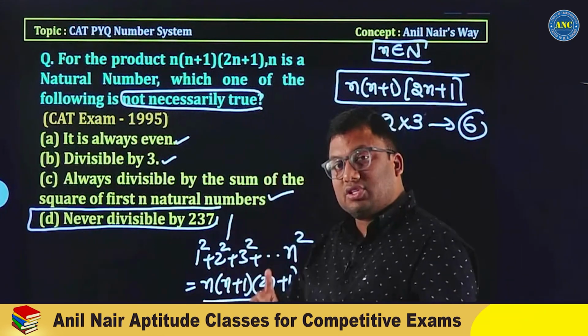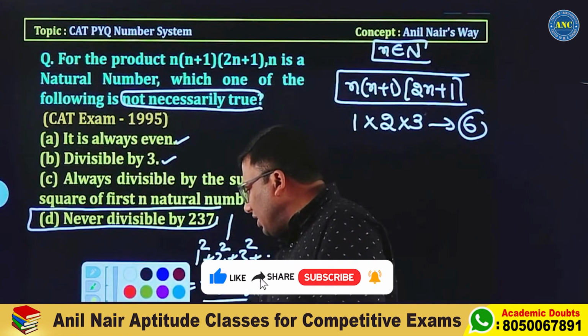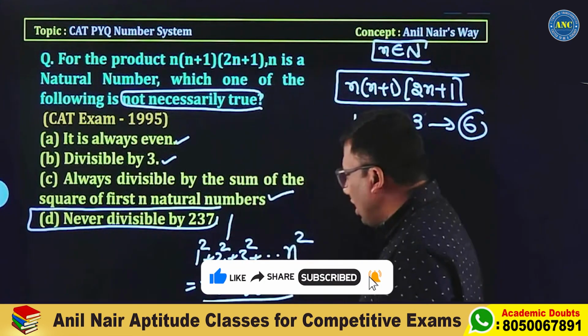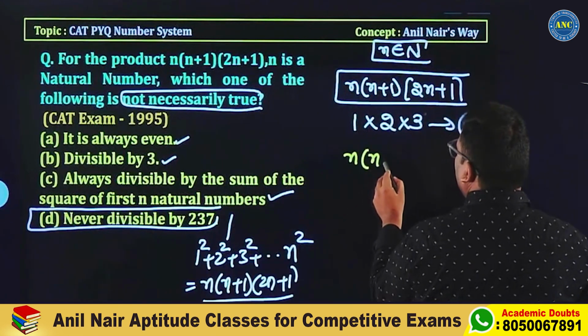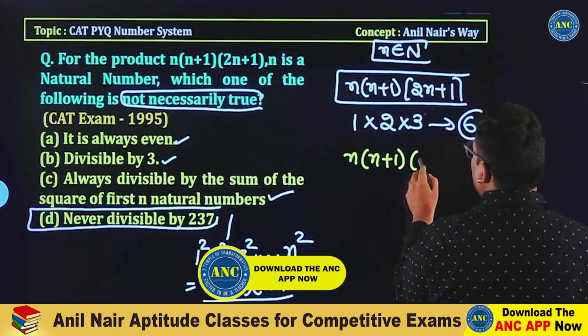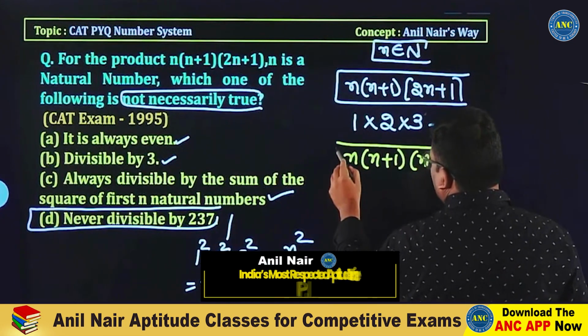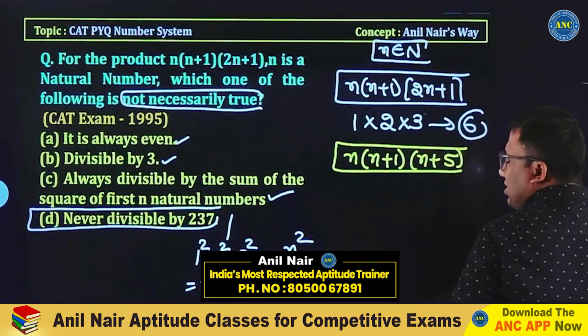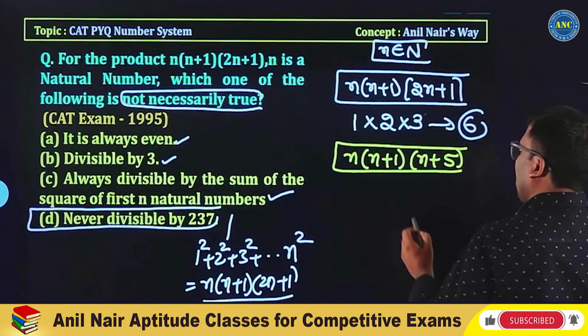This kind of question also came in; a similar model also came in the exact examination. I remember the pattern: n into n plus 1 into n plus 5. Please tell me whether this number is divisible by 3 or not.